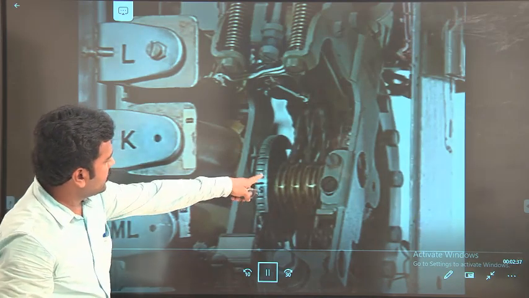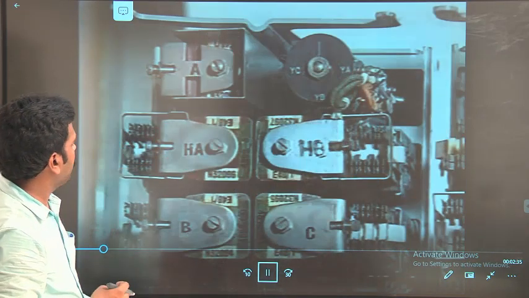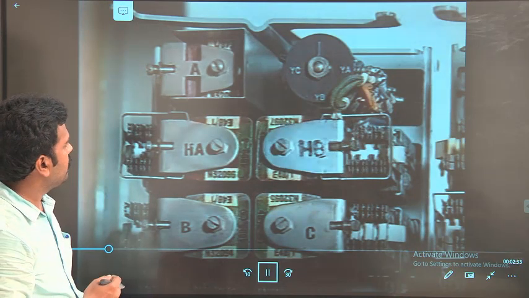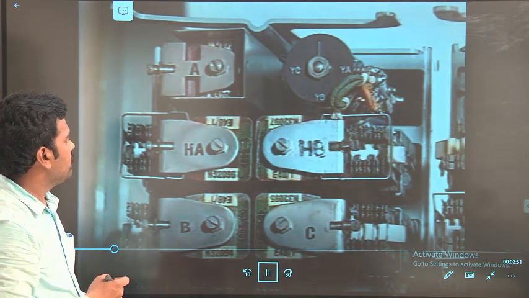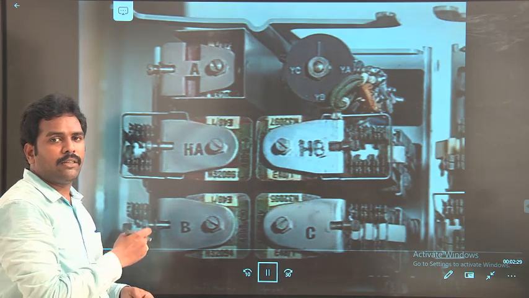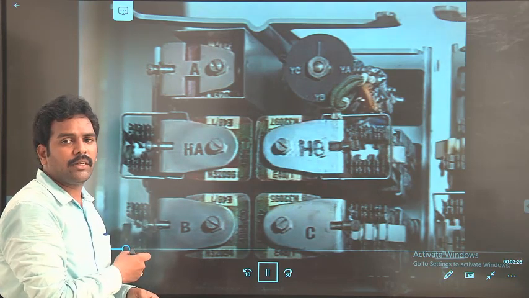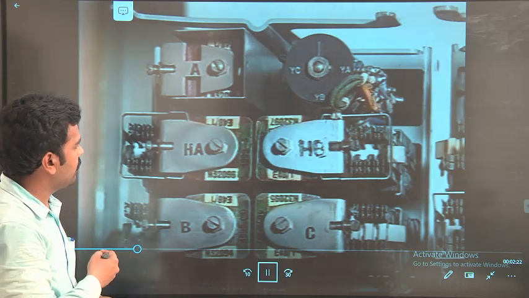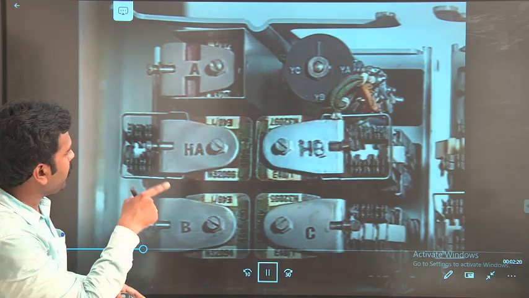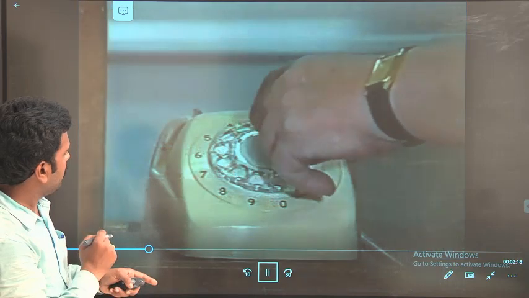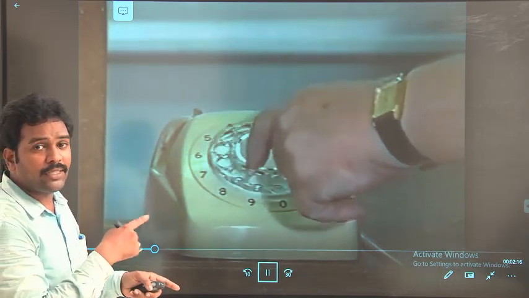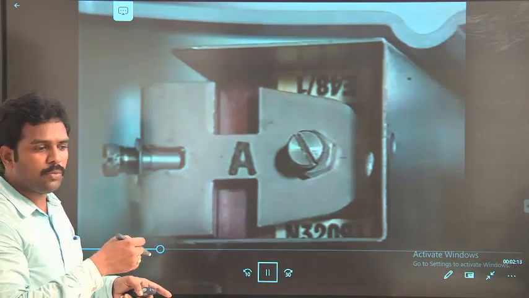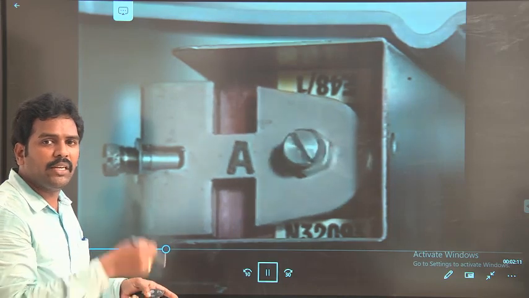See here, the selector switches move. At the end of the class, I am going to post the link of this video in the comments. You can watch it clearly if it is not visible. The main point we will hold here is the motion of your selector switches. You can see how it is moving horizontally and how it is moving vertically.